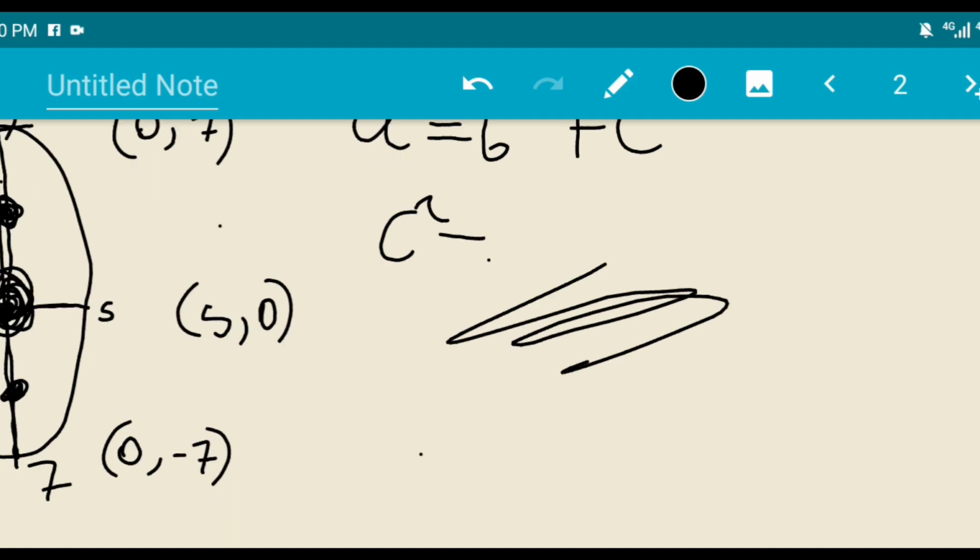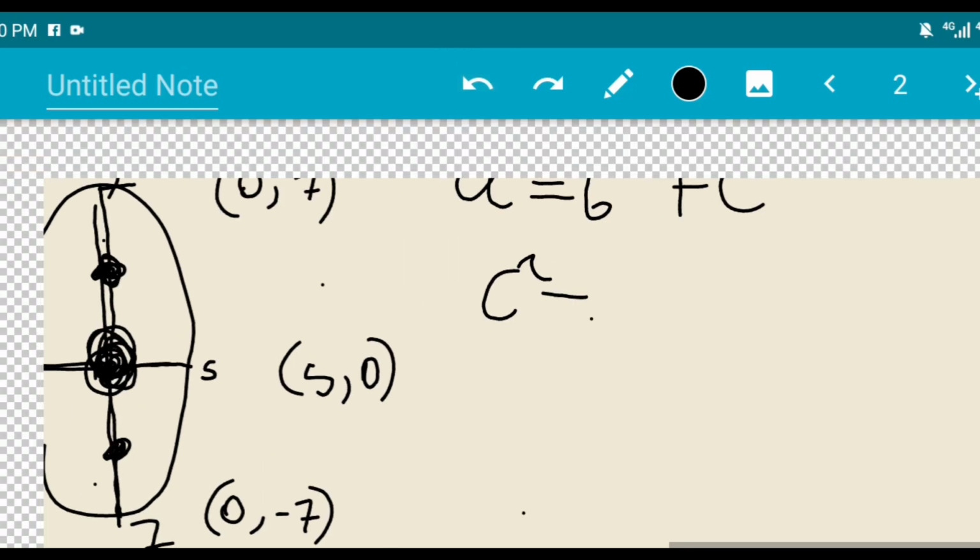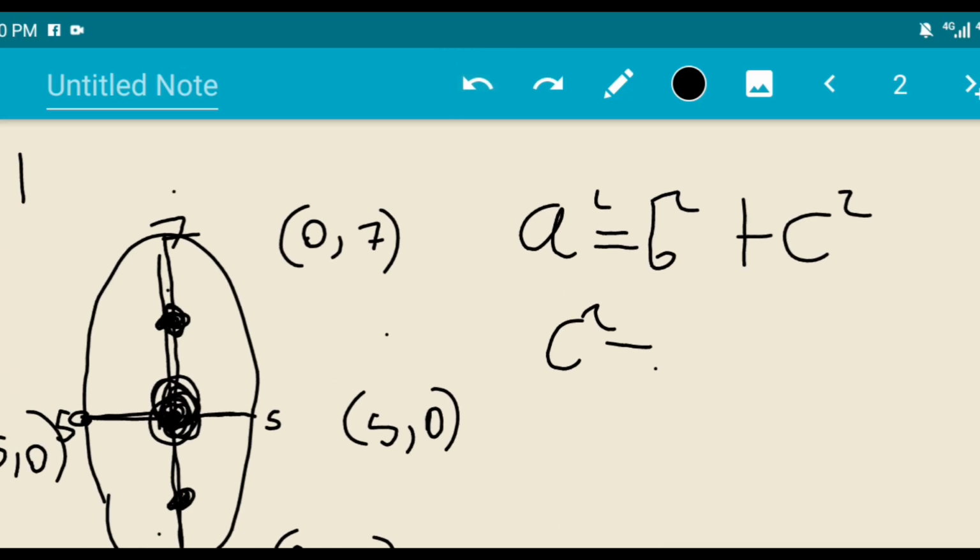So this will be C squared is equal to, I'll continue from here, A squared minus B squared.